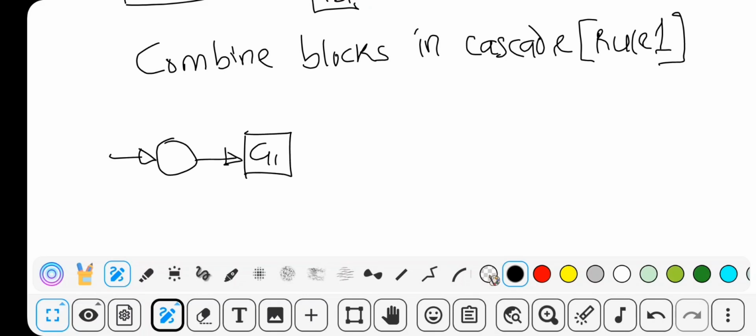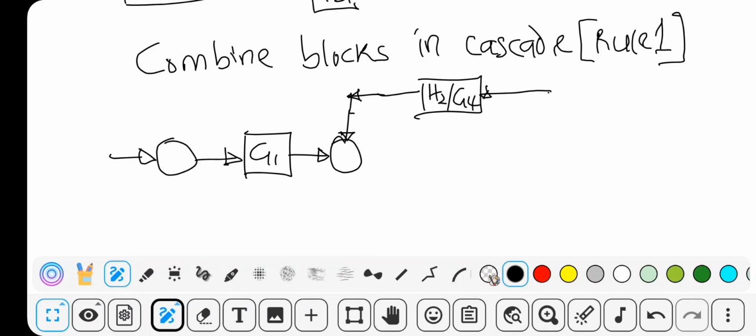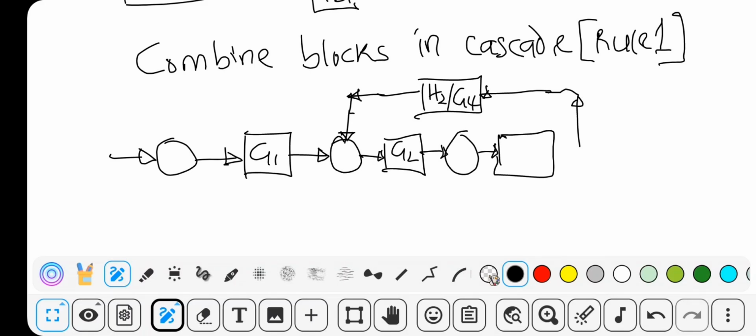This will be G1, H2 over G4, and this will be G2, and this will be G3 G4, G3 times G4.